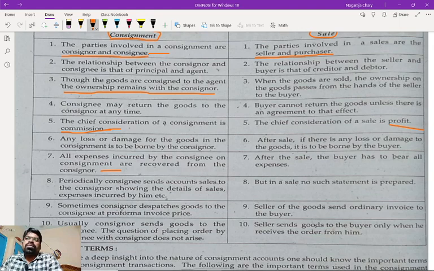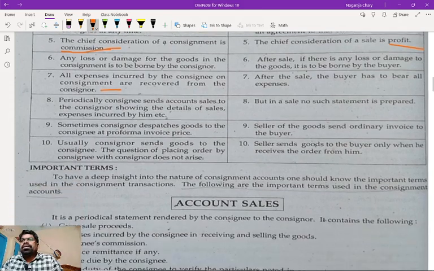That is to be done by the consignee. Here, there is no statement after the completion of a sale. No statement is prepared, right?